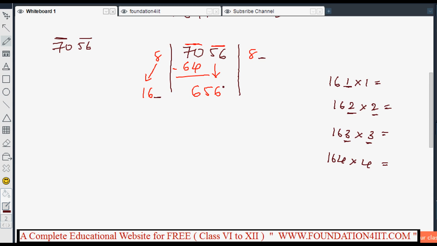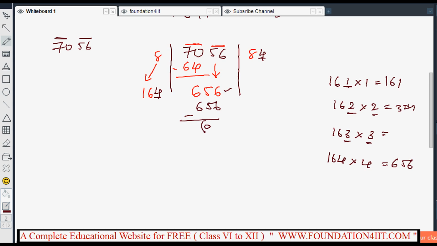Now check which is near to this 656. 161 ones are 161. 162 twos are 4 and 6 twos are 12, so 324. It's not coming. But 164 fours are 656. This 656 is coming, so you should keep 4. The same 4 should be here. So 164 fours are 656.